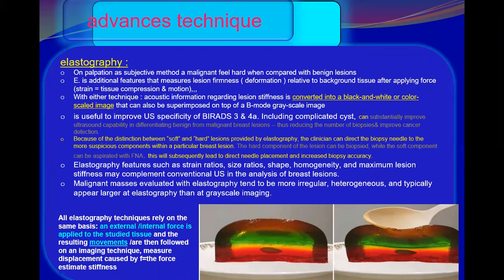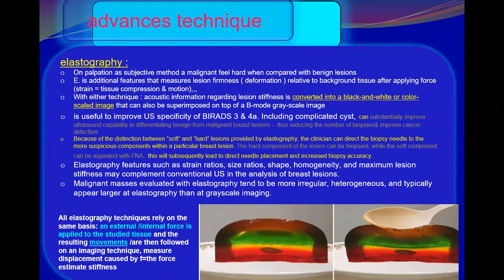And it really substantially improves the capability of ultrasound in differentiating malignant from benign lesions. Because of the distinction between soft and hard lesions provided by elastography, the clinician can direct the biopsy needle to the more suspicious component within a particular breast lesion.